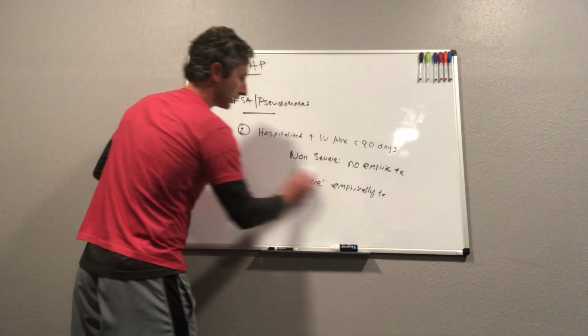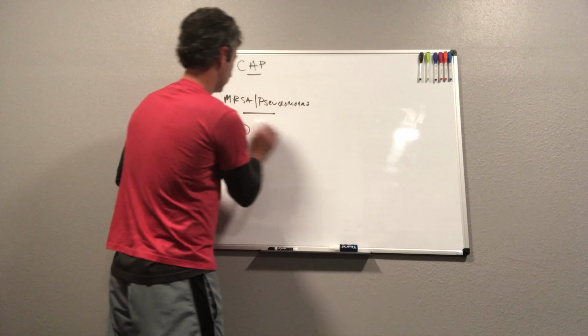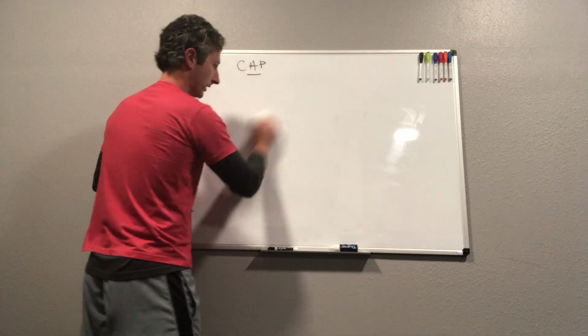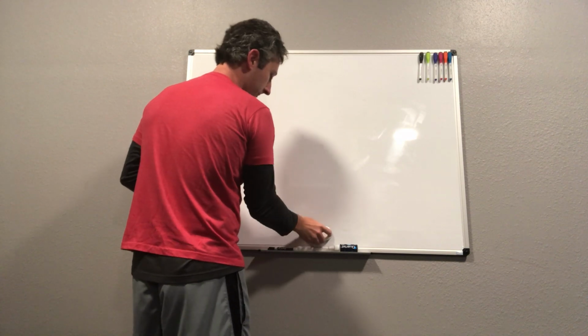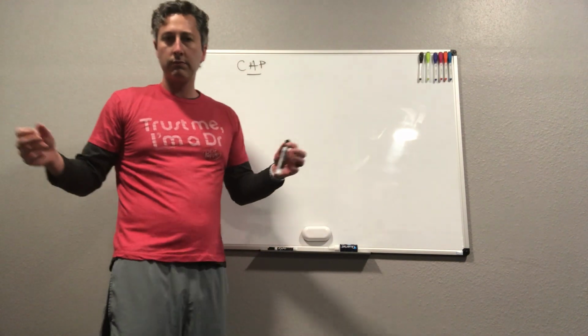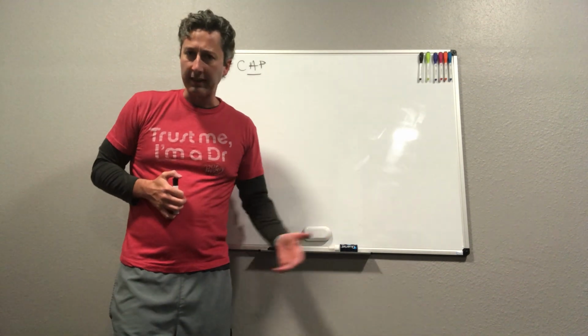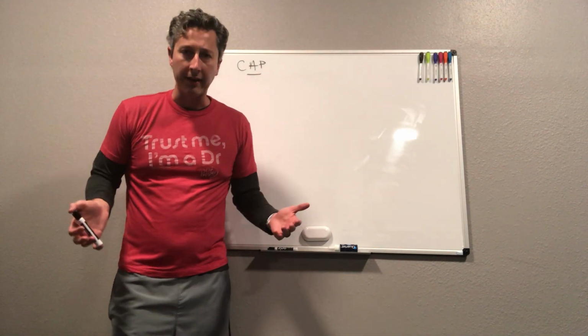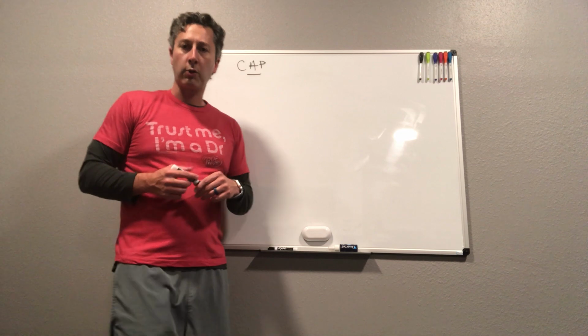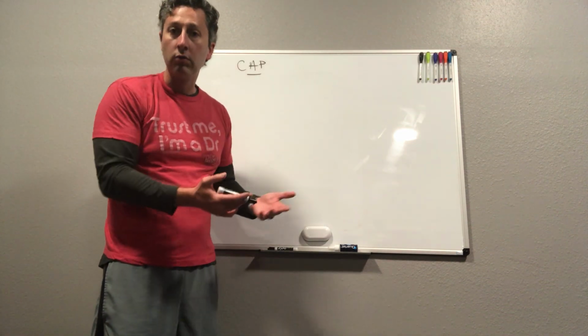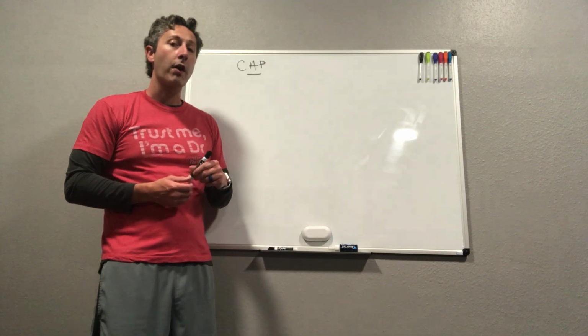What about duration of treatment? Duration of treatment is fairly straightforward. If somebody's improving and you've got them on the right antibiotic, you're going to treat this patient for 5 days. 5 days is the lowest amount of time that I would go for community-acquired pneumonia.